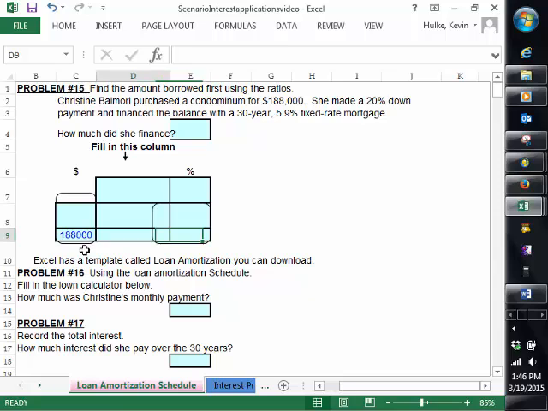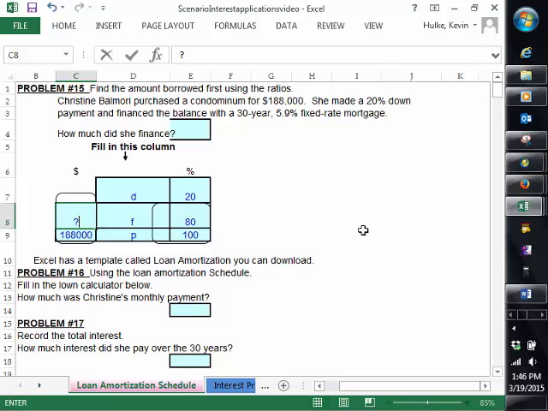That was her purchase price, which is the 100%. She made a 20% down payment, which means she's going to finance 80%.